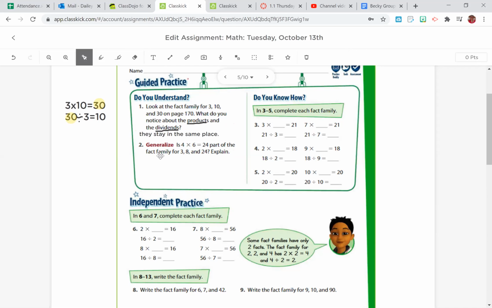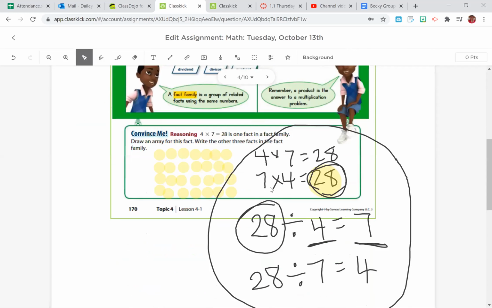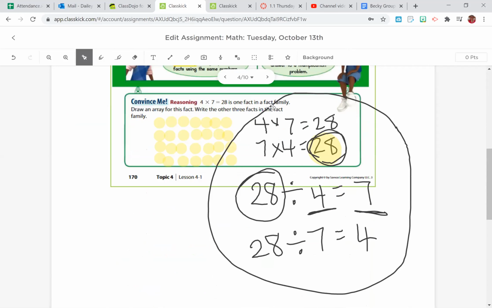Number 2, is 4 times 6 equals 24 part of the fact family for 3, 8, and 24? No, it would not be. Our fact families always use the same 3 numbers. So if we look back on our prior page, the 3 numbers we use in this fact family were 4, 7, and 28.